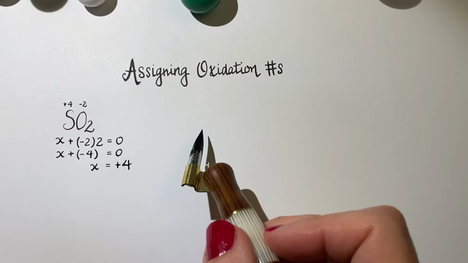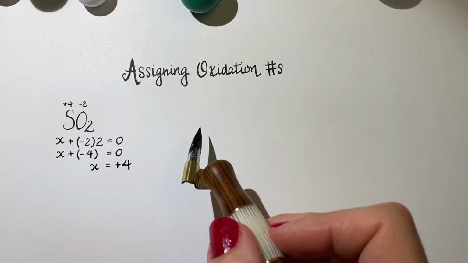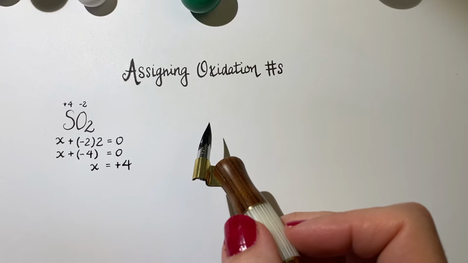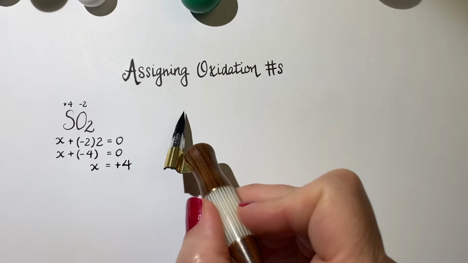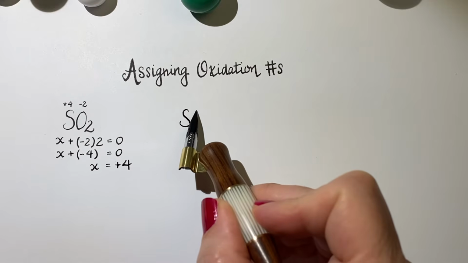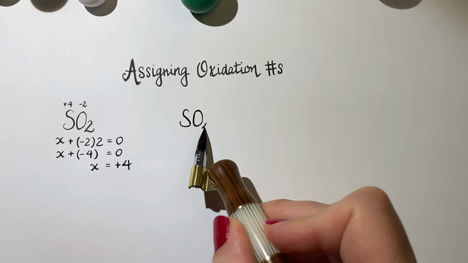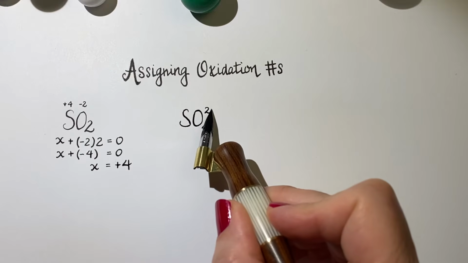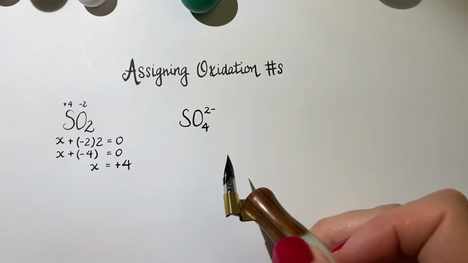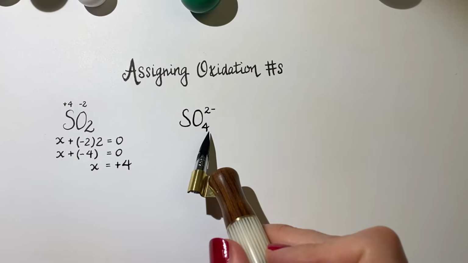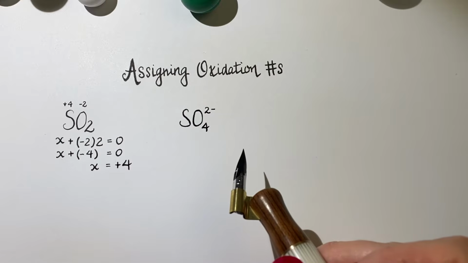Let's look at a case where we have an ion, such as a polyatomic ion. And I'm going to show you here that sulfur is a little bit fickle. And it has different possibilities for what its oxidation number is. So let's look at the sulfate ion and what we do here.